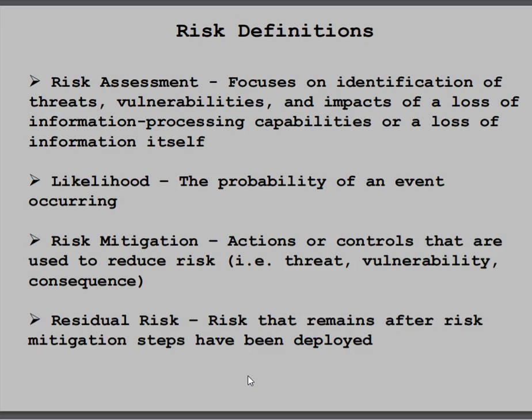So we've gone through, we've deployed a bunch of different types of controls, maybe a couple firewalls, maybe a couple new switches, maybe put an 8-foot fence like I was just saying up instead of a 4-foot fence. Well, after we've gone through and spent a bunch of money, whatever's left over is called our residual risk. And these are terms that you may end up seeing on the exam.